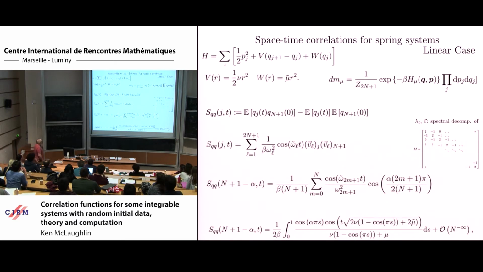You can choose the system of chains with one choice of mu tilde and the Gibbs measure with another choice of mu, and study the behavior of this space-time correlation function with two different choices of mu. In particular, you can pick mu tilde to be 0 if you want.